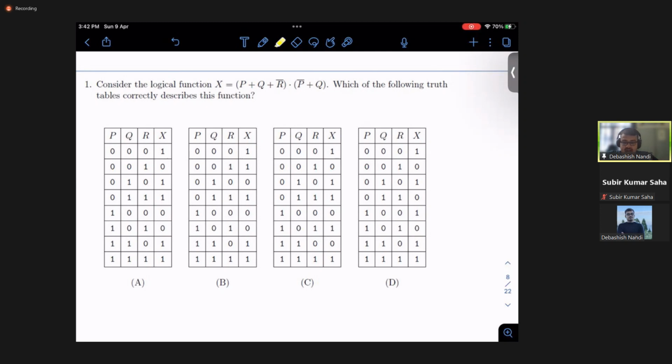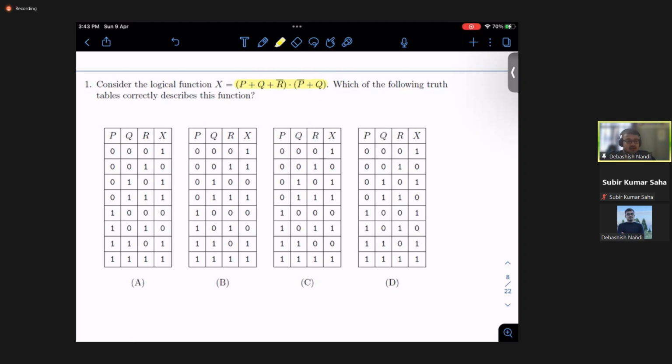One thing you can do is simply put your combinations into this expression. Whatever is written here, you can just put in every combination, 0 0 0, 0 0 1, and check what x comes out to be.